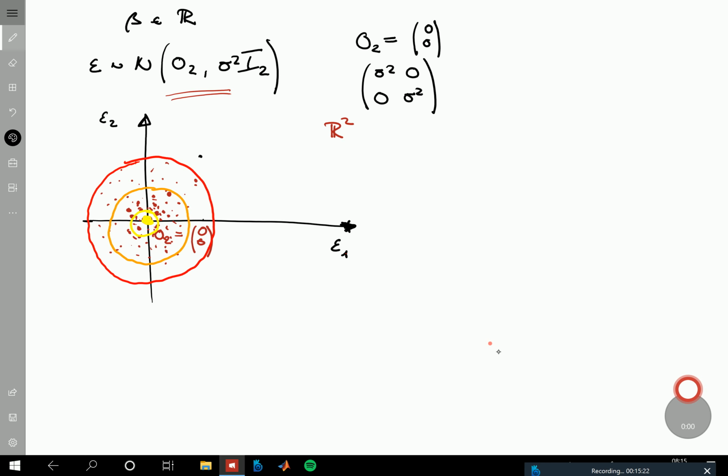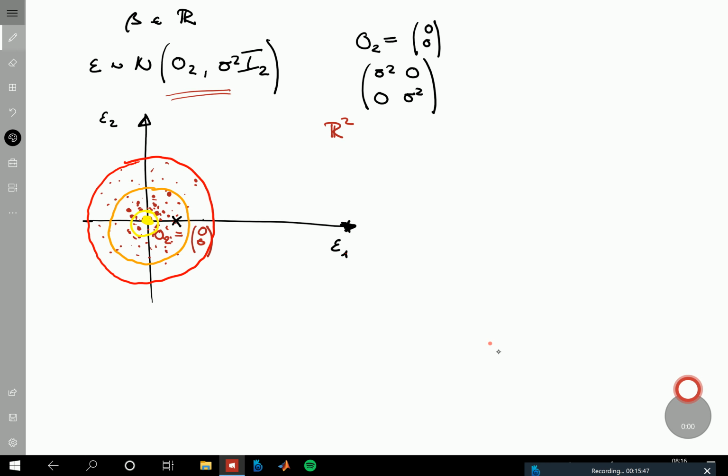Of course, it's more likely to sample something centered around 0, but once you have sampled something on the epsilon 1 axis, for example this, then it's equally probable to sample something positive for epsilon 2 or something negative for epsilon 2.